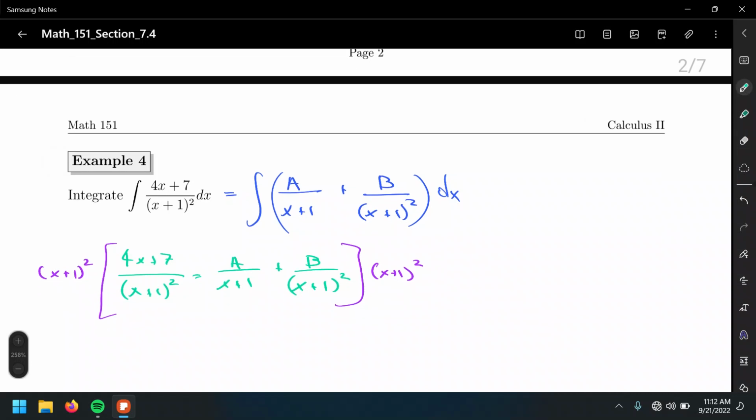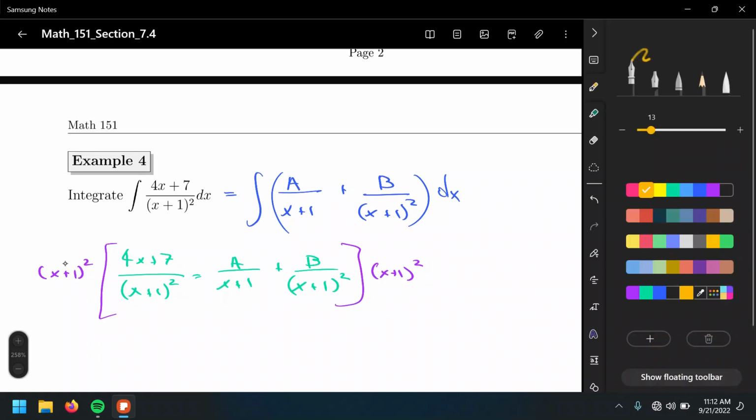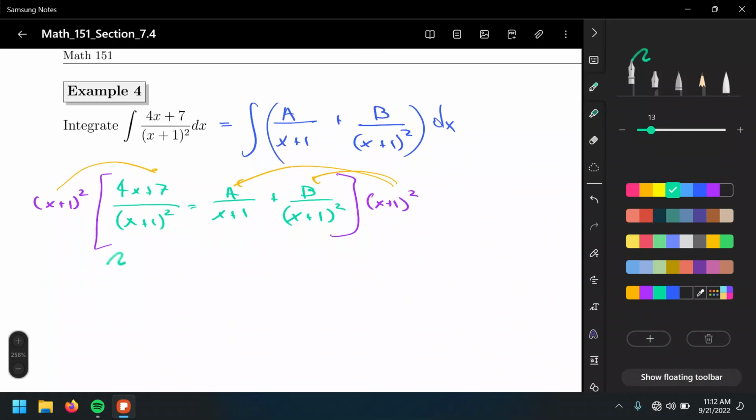And so, when we distribute over the first term, see how the x plus 1 squareds cancel out, leaving us with 4x plus 7.